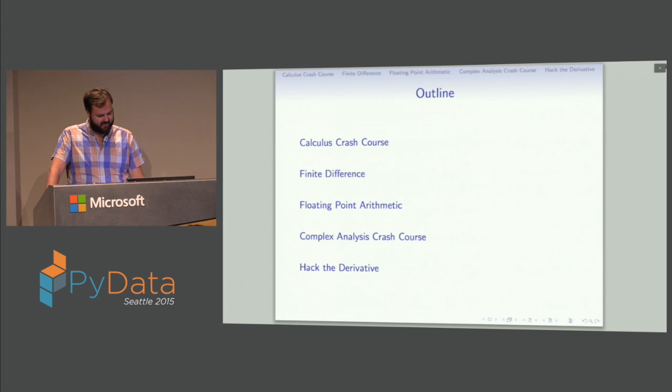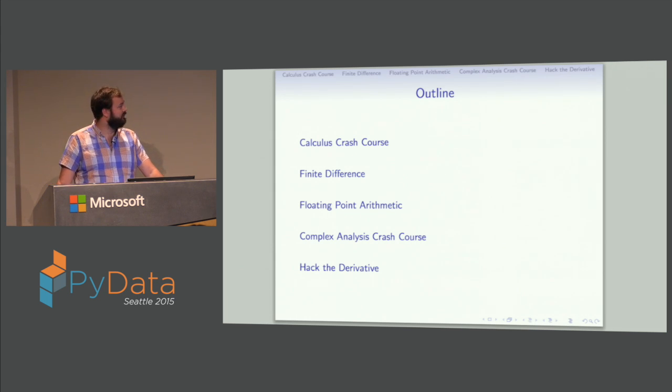So let's get started. Just a quick outline before we dive in, of what I'm going to cover. We're going to start with a real quick calculus crash course, in case you don't remember that Calc 1 course back in college, about exactly what the derivative is.